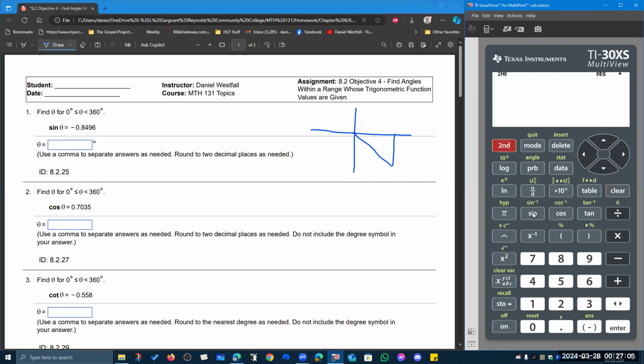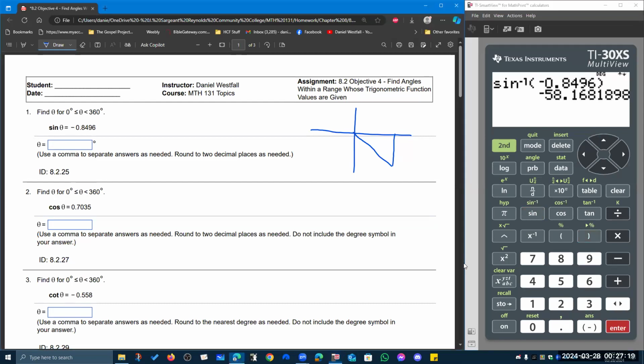When I find arc sine of negative 0.8496, we do want an answer back in degrees, so we are in degree mode. And this is a negative 58.17 degrees.